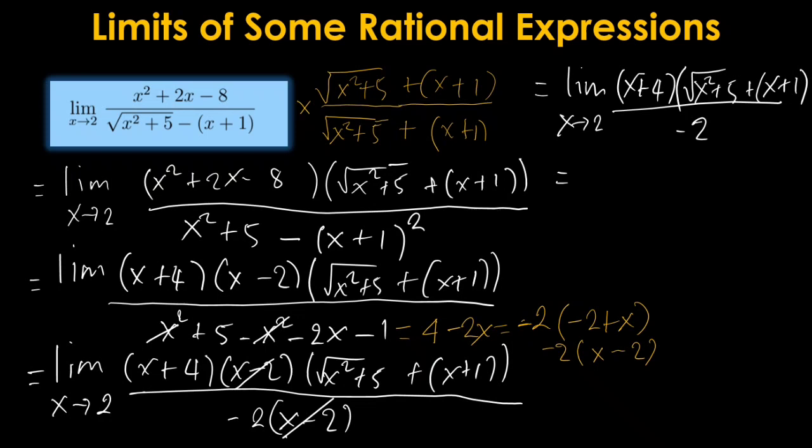So here, what is this one? x plus 4. When x is 2, it gives us 6. This is going to be 4 plus 5, which is 9. The square root of 9 is 3. This becomes 3 here. And where this is 2, 2 plus 1 is 3.